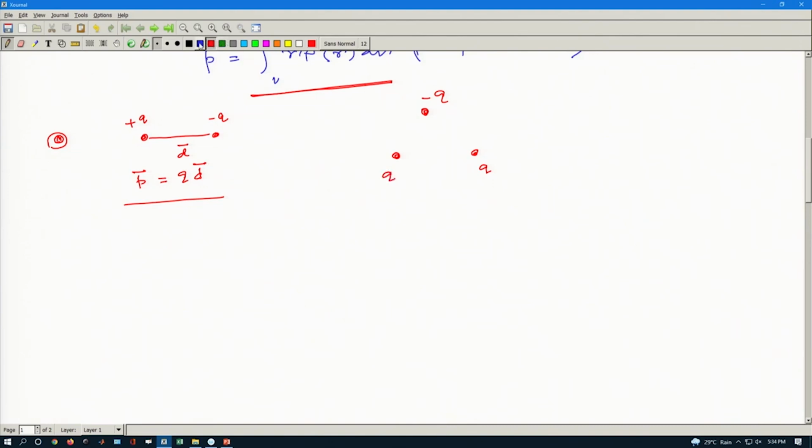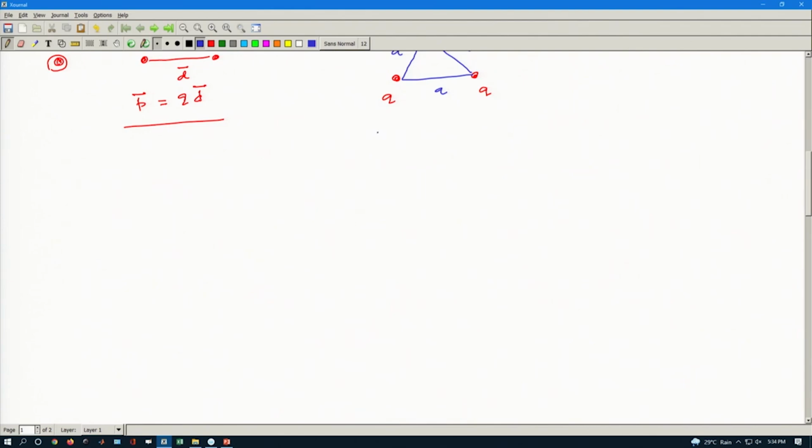This is a system where the charges are distributed like this, where all these separations are A. Now, if the question is asked what is the dipole moment of this system, then the answer will not be that simple, because it depends on the origin. So, we need to ask: with respect to what origin?